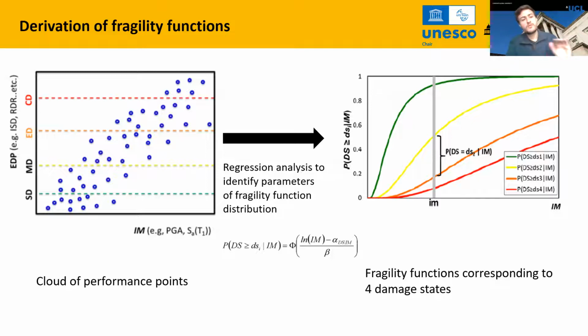You have some threshold for each one of the damage states, and then you want to transform that into a set of fragility functions. For that, there are some methods such as the least squares method, the generalized method, or some other. There is a lot of research in this area.